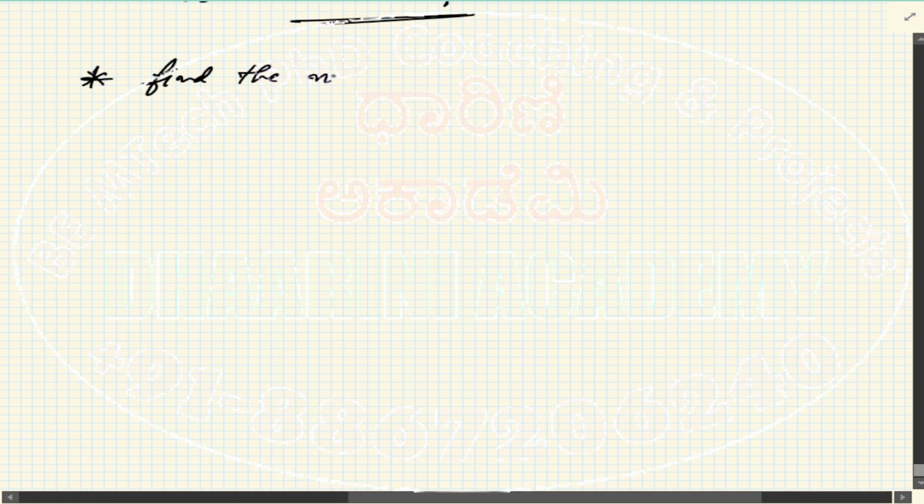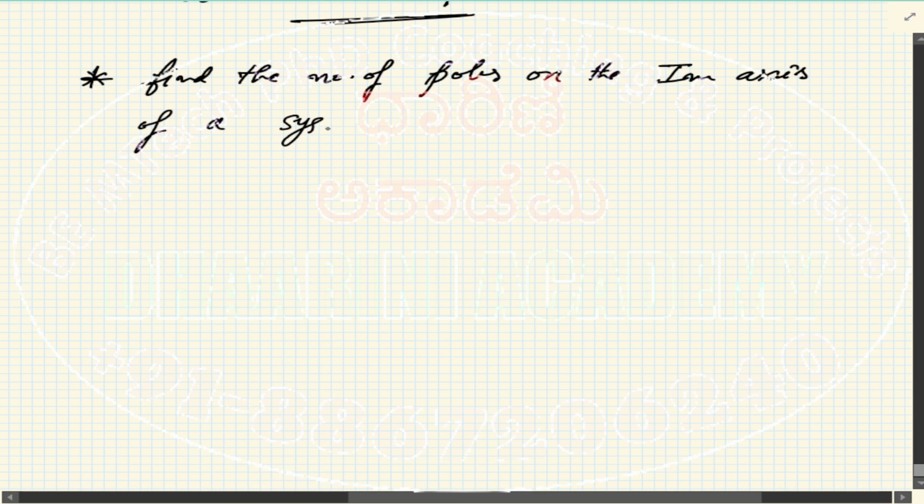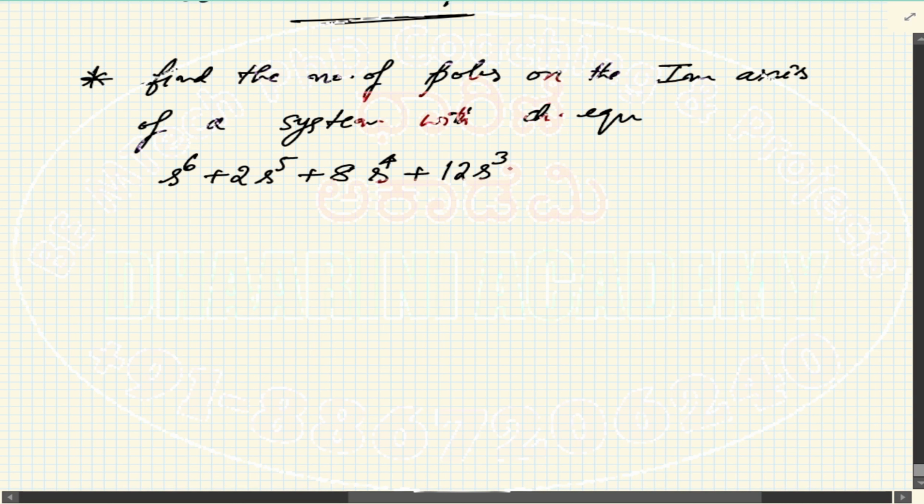Find the number of poles on the imaginary axis of a system with the characteristic equation as follows: s to the 6 plus 2 s to the 5 plus 8 s to the 4 plus 12 s cubed plus 20 s squared plus 16s plus 16 equal to 0.